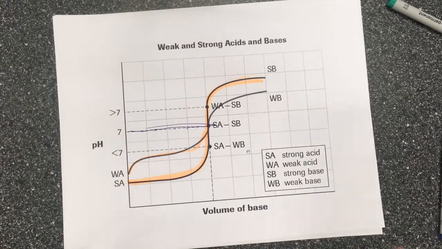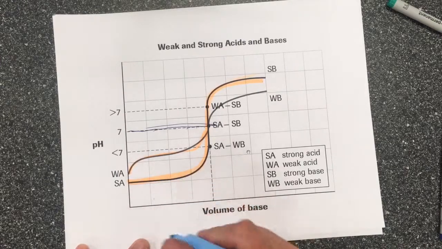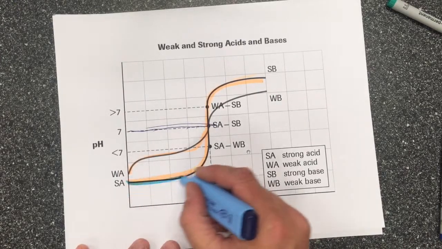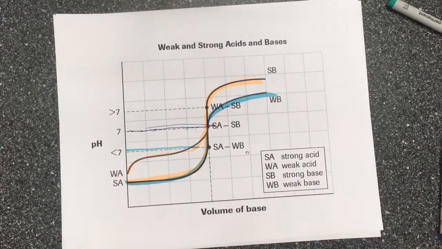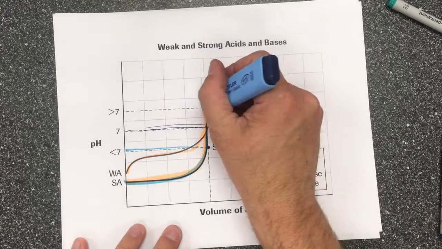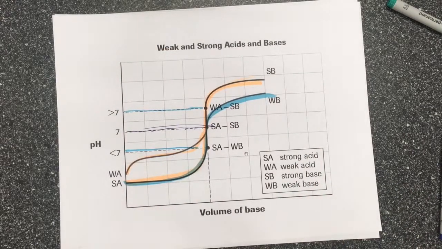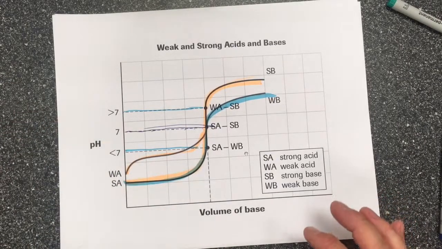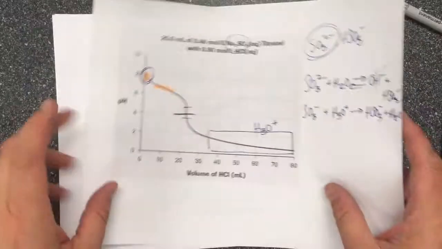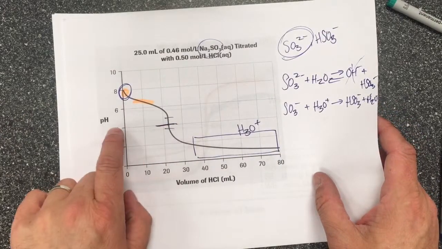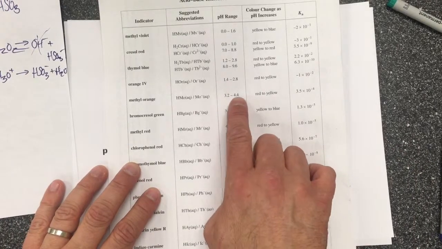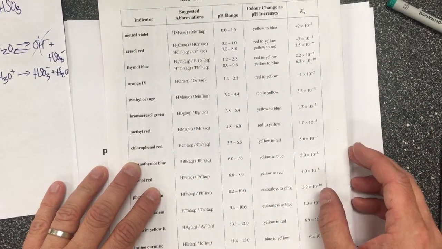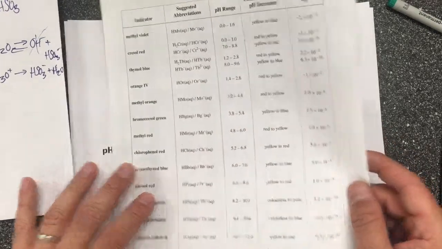If instead I had a strong acid and a weak base, its equivalence point is going to be less than 7. And so we can anticipate generally what kind of pH we might expect when we're selecting our indicator. But the curve will tell us, because if I know that the pH at the equivalence point is 4, then I select, using my data booklet, something that's going to sandwich 4, like methyl orange perhaps. Maybe bromocresol green, depending.